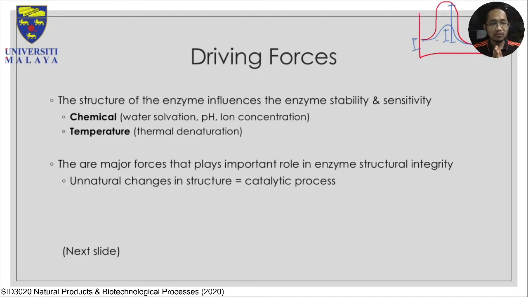Okay, so there are two main factors that can influence the structure of an enzyme. The first one, well, there are a few, but what we're going to focus on is these two things in a little bit more detail. The first one is a chemical influence. Okay, so chemical influence, meaning water solvation. I already touched a little bit on the structure of water from the previous lectures.